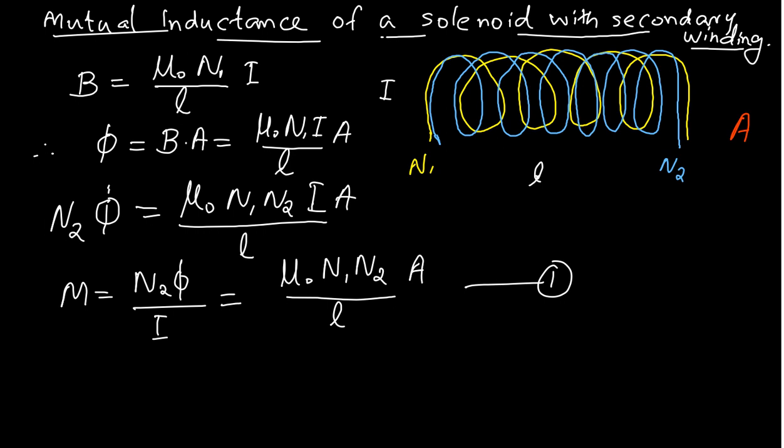N1 is the number of turns in the primary and N2 is the number of turns in the secondary.